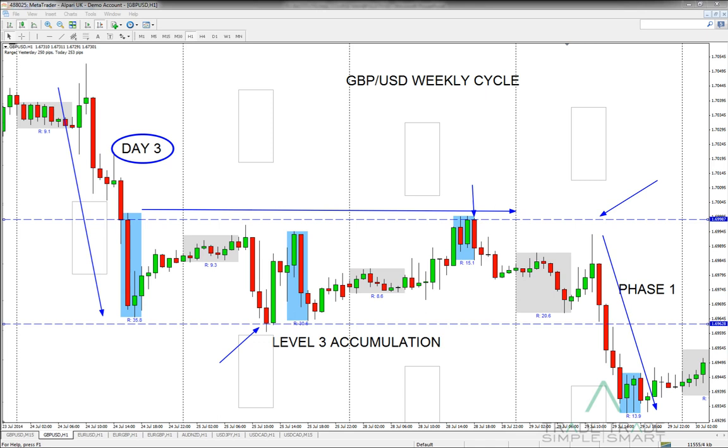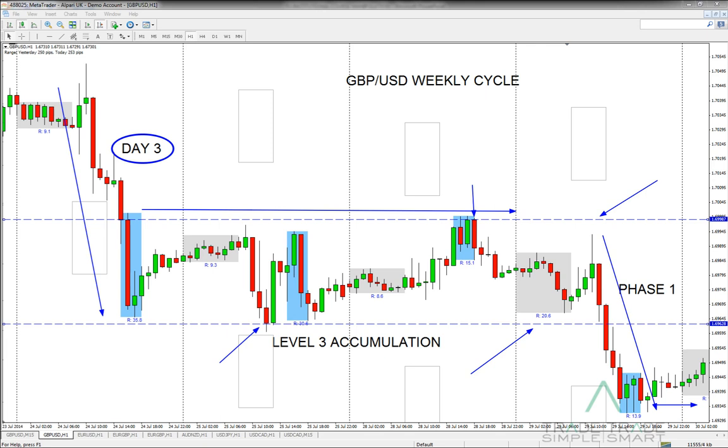So in this example, we can clearly see that the support of the level 3 accumulation range has been broken, and the market has traded down and then traded into the following day below the accumulation zone.